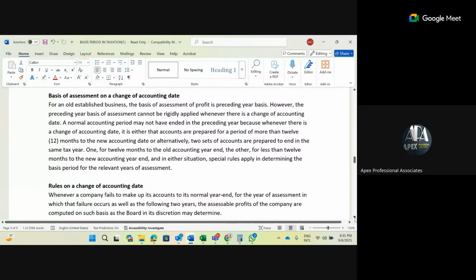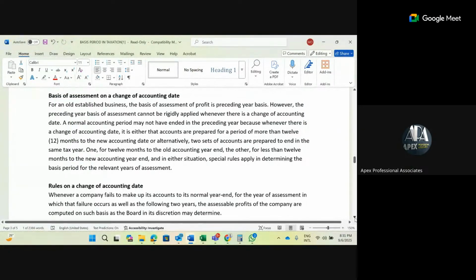A normal accounting period may not have ended in the preceding year, because whenever there is a change of accounting date, it is either that accounts are prepared to a period of more than 12 months to the new accounting date, or alternatively, two sets of accounts are prepared to end in the same tax year. One for the first 12 months to the old accounting year end, and the other for less than 12 months, to the new accounting year end. And in either situation, special rules apply in determining the basis period for the relevant years of assessment.